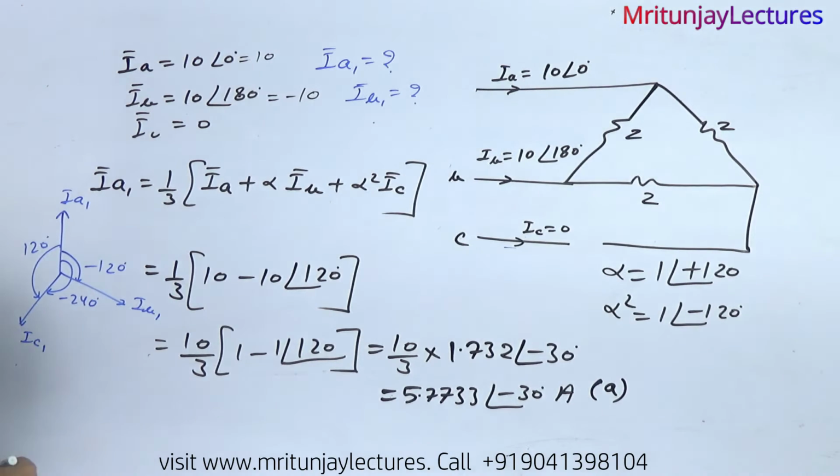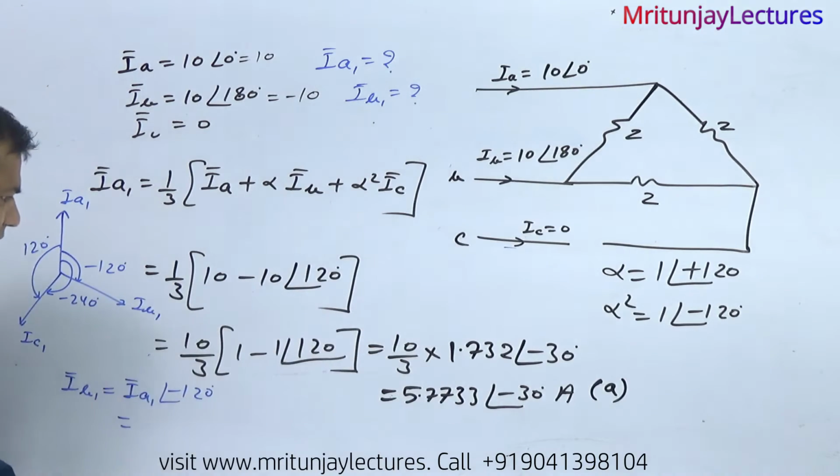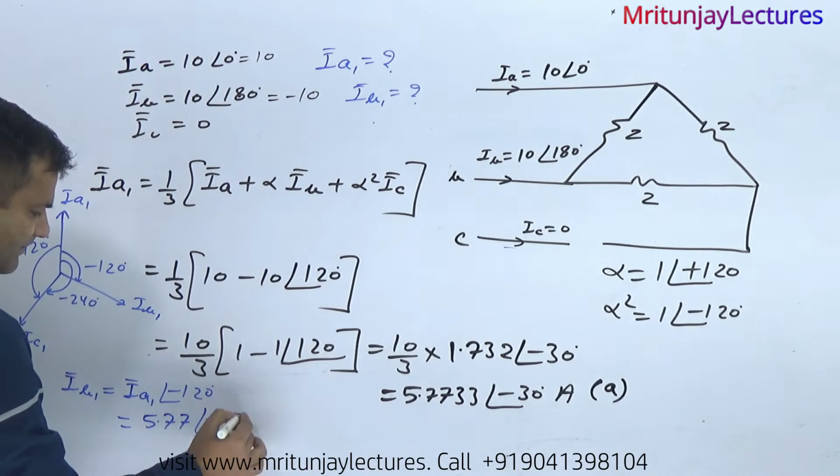Our motto is to determine IB1. The relation between IB1 and IA1 is minus 120. Clear? So what about IA1? IA1 is 5.77 at the angle minus 30, and this is 5.77 at the angle minus 150.